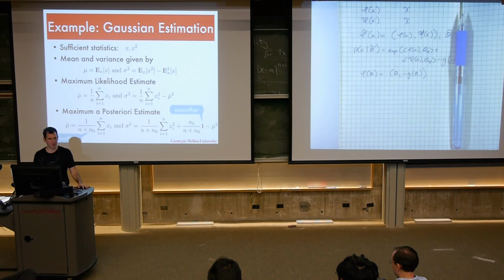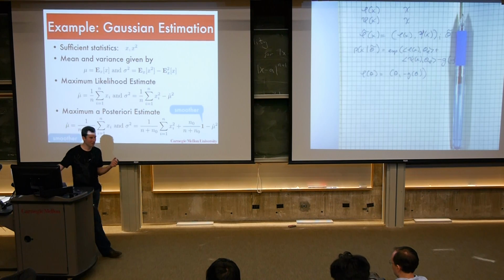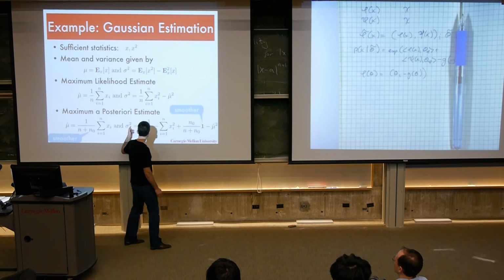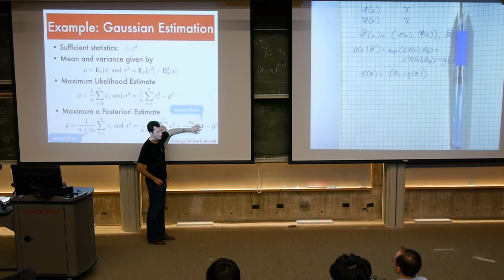Let's say, for instance, I go and measure the voltage on a power outlet, right? I might have a pretty good idea that the voltage should be around 110 volts. And maybe I looked at my voltmeter before, and it says something like accuracy 5 volts. So then I would have sigma squared to be 25 volts. Well, I would have basically this term here to be 25 volts squared.